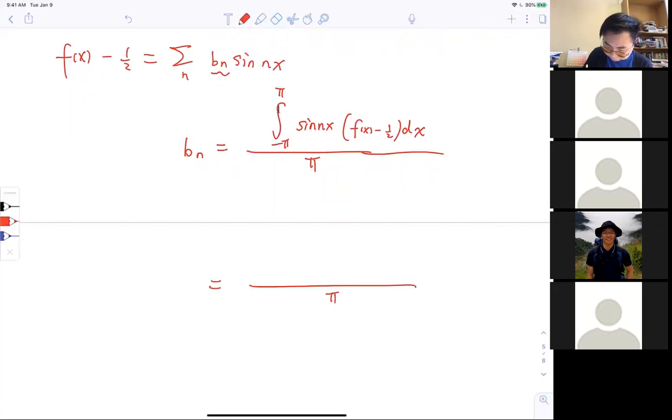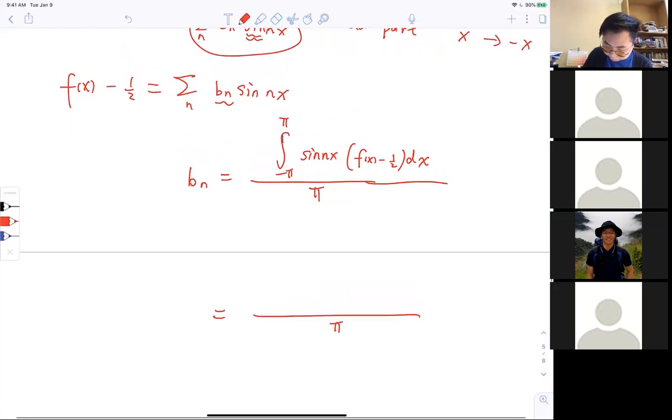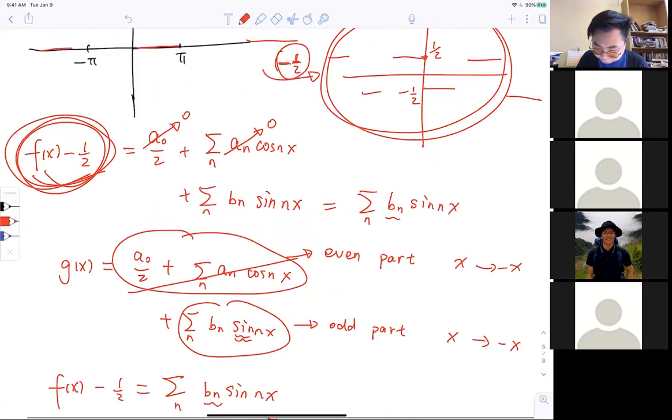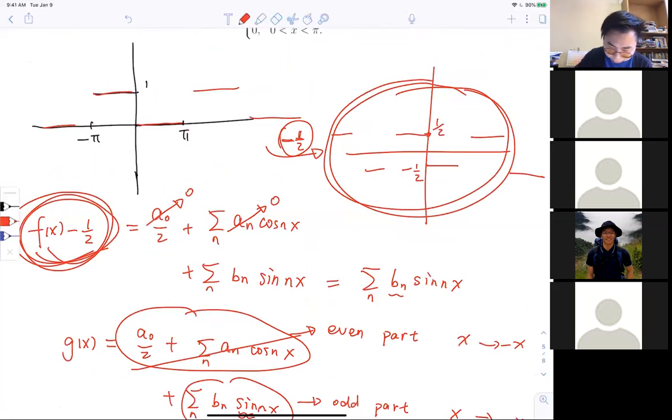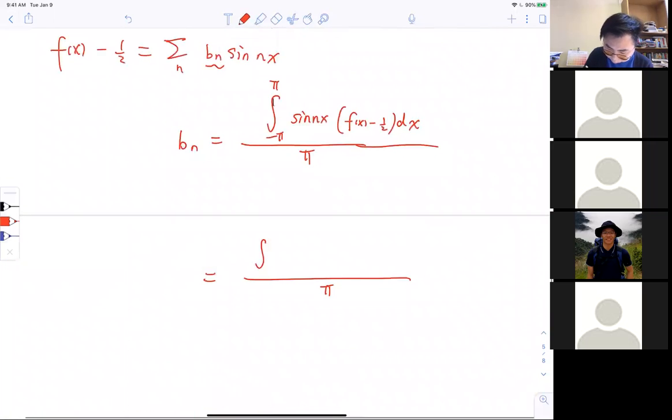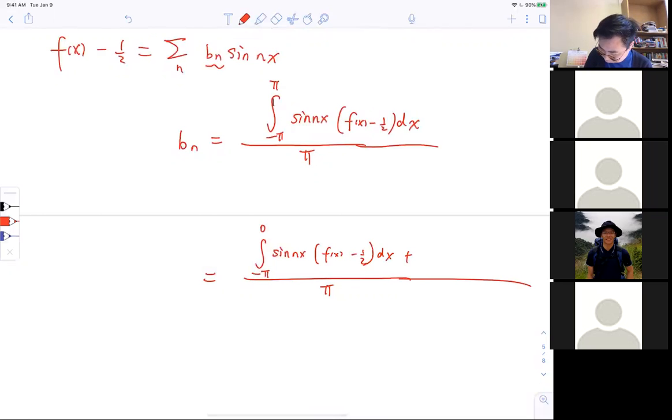Okay, so now, because the original function is a piecewise function, we split it into two integrals, one from minus pi to 0, and another piece from 0 to pi.